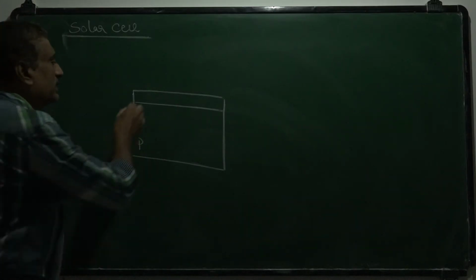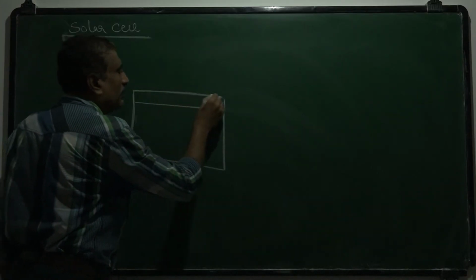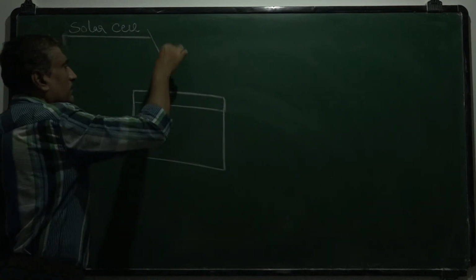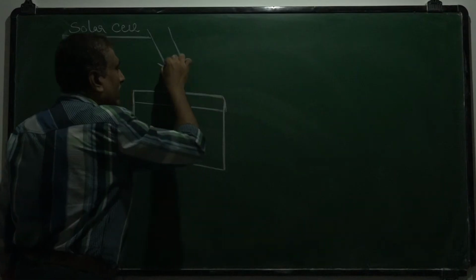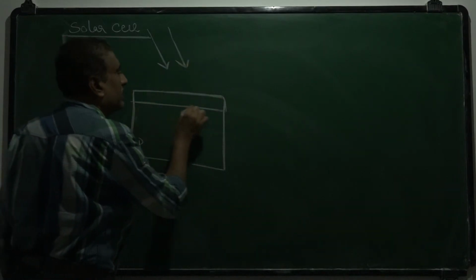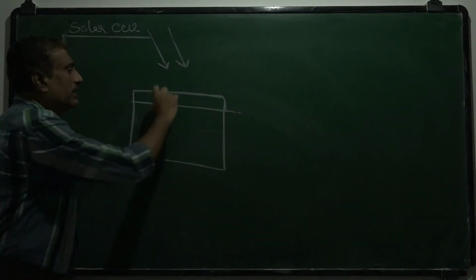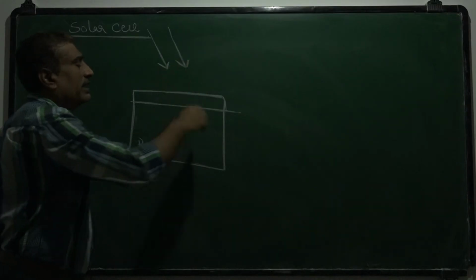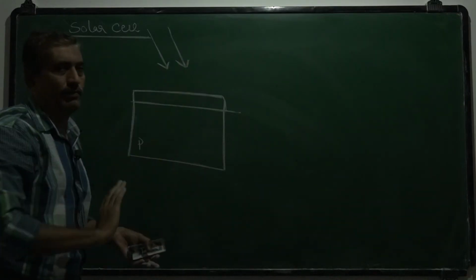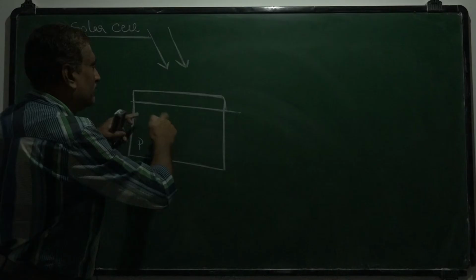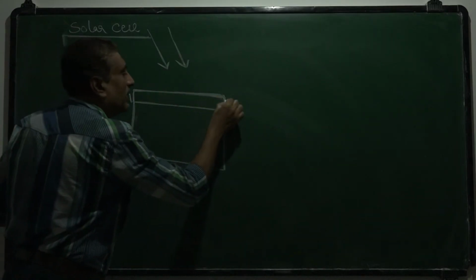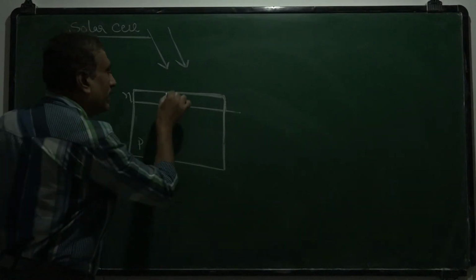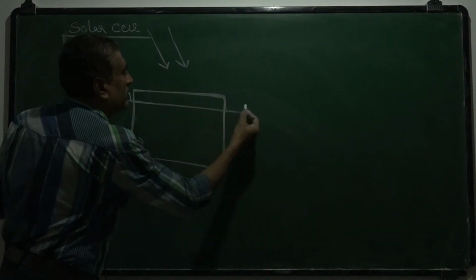The material which is towards the incident light has to be made a thin layer, because light has to enter into this PN junction. If it is also made thick, the light energy may be absorbed in this region only. So one of the materials is made thick. Suppose we take P as the large thick one, the other material has to be thin, so that light enters into this PN junction.